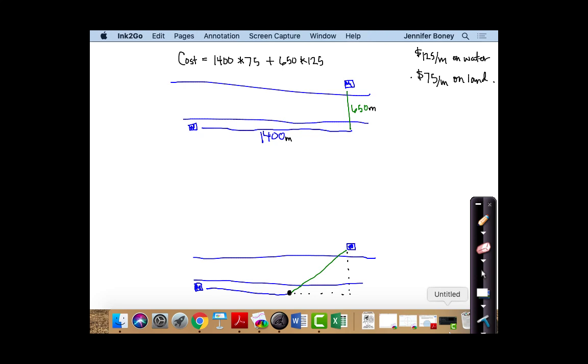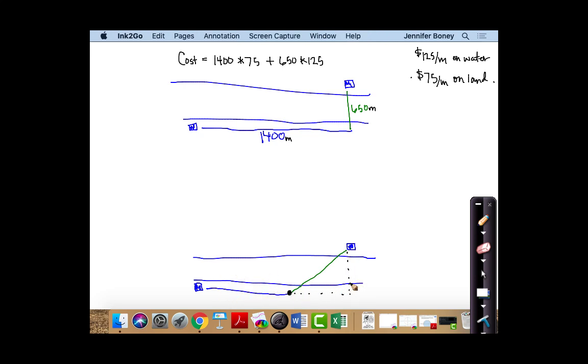Two things. One, there's a Pythagorean theorem that we're going to need, and also, I've got this length of 1,400 meters that I want to be able to express both pieces of, even though I don't know how long either piece is. But let's say I want to go along land for some certain length. Like if it was 200 meters here, then this would be 1,200.